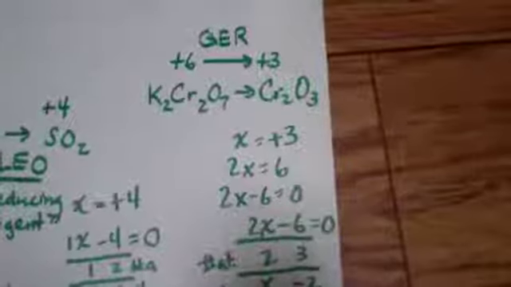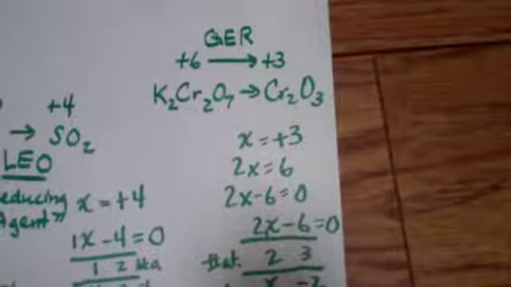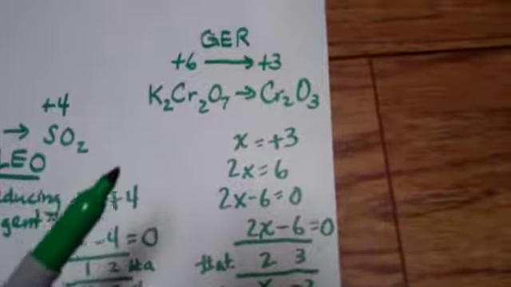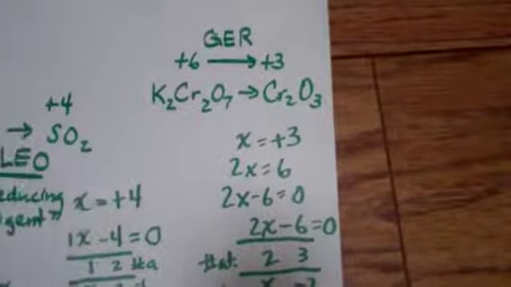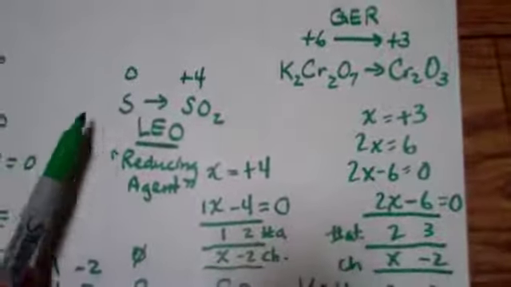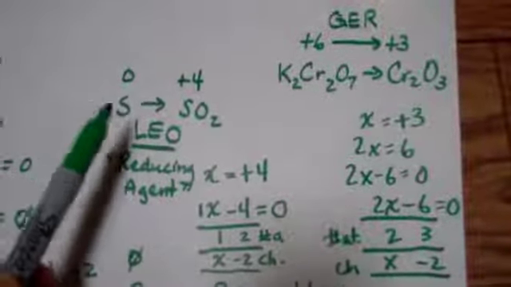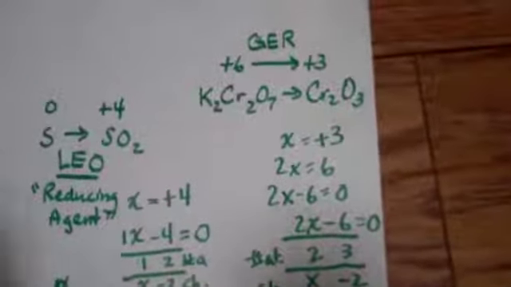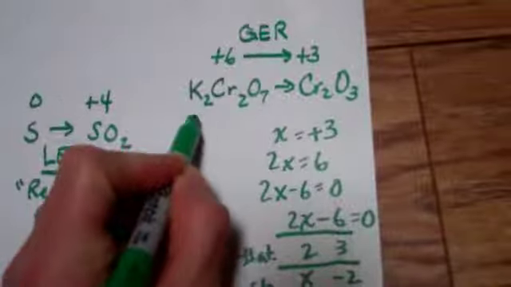If it gains the electrons, it's the GER part of the equation. So this one has gained electrons, so it's the reduced component. Our potassium dichromate was actually reduced to the chromium molecule on the other side. So this is the reduced component. When things get reduced, they act as oxidizing agents because they're oxidizing some other molecule, in this case the sulfur. So this is going to be the oxidizing agent.